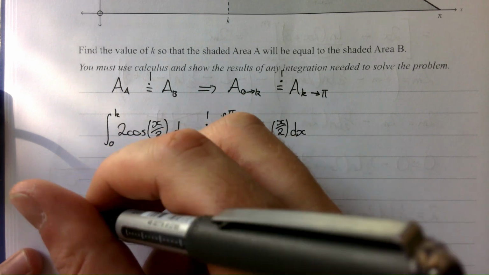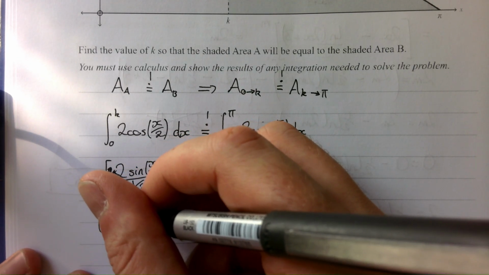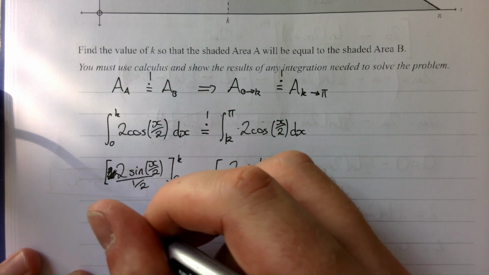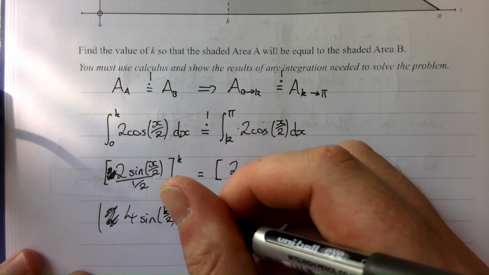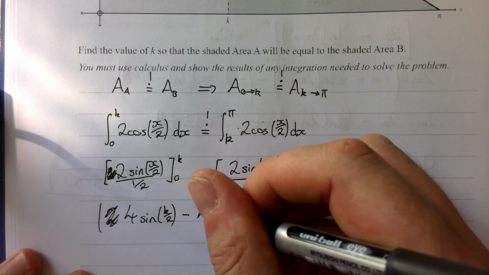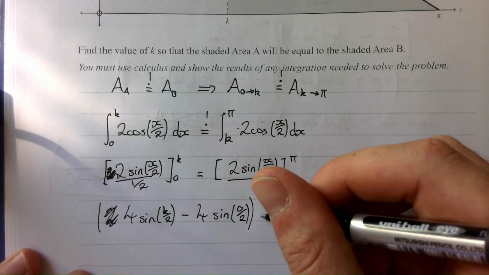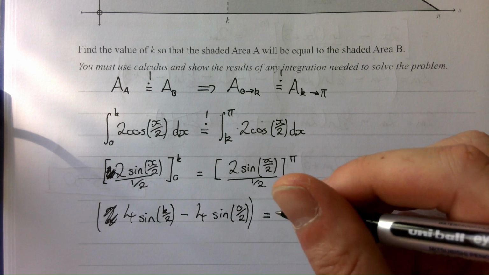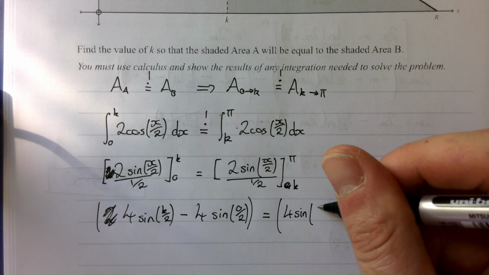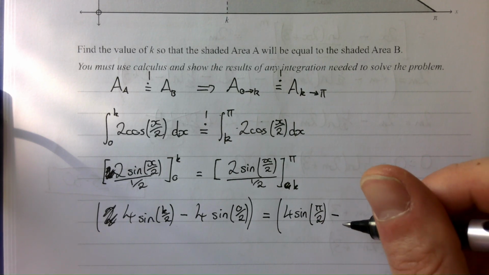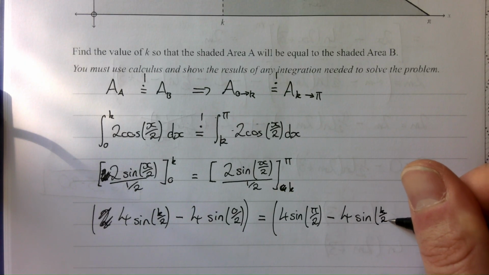I'm going to sub everything in, because that will make it easier to explain. 2 sine, if we're dividing by a half, we're timesing it by 2, so I'm just going to change it to a 4 now. 4 sine of k over 2 minus 4 sine of 0 over 2. That is all equal to, again, 4 sine of, this time, pi over 2 minus 4 sine of k over 2 again.